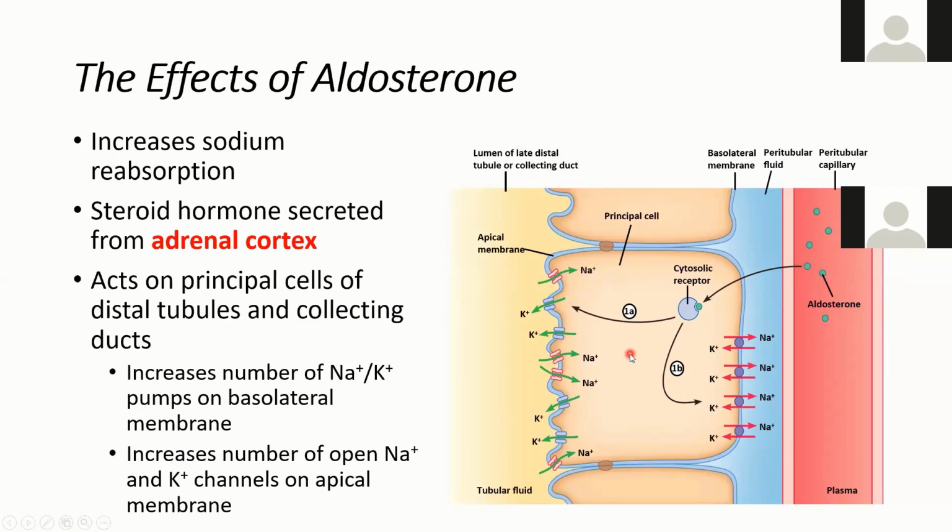Okay. So in our distal tubule and in our collecting duct, overall, if we're just thinking about what's getting reabsorbed and what's getting secreted, we're going to expect sodium will be reabsorbed, potassium will be secreted, and aldosterone is going to control how much of each of those is going to happen.